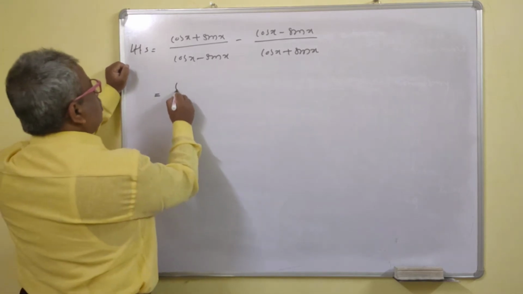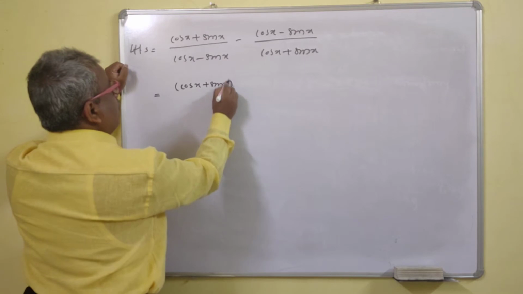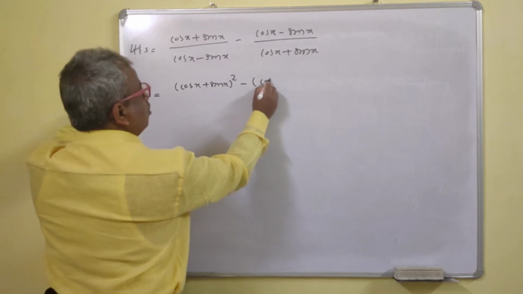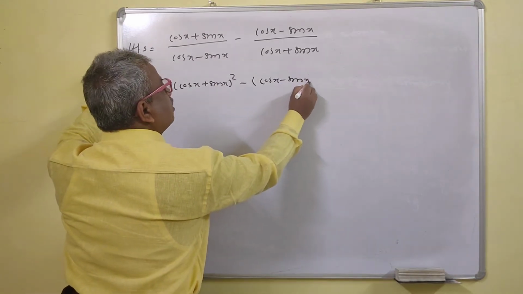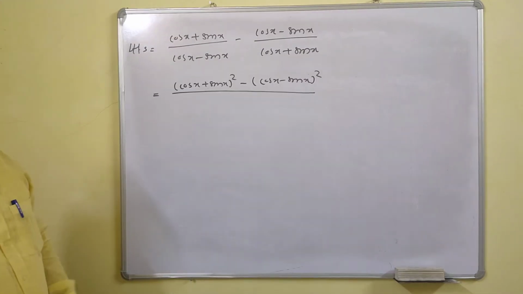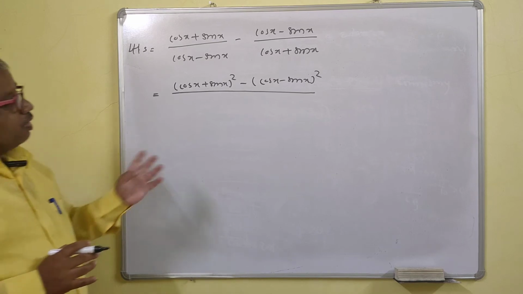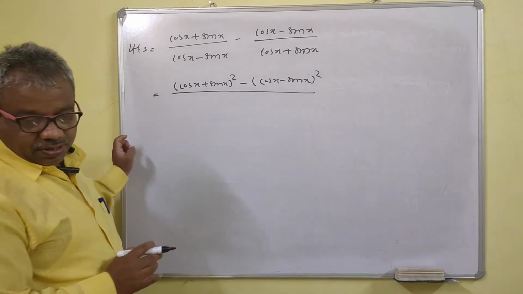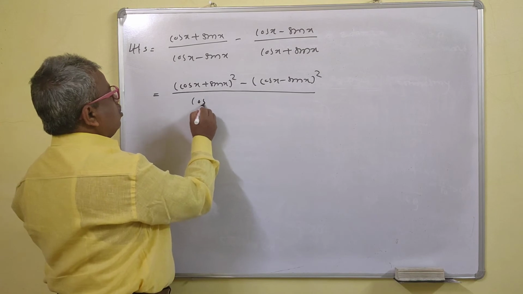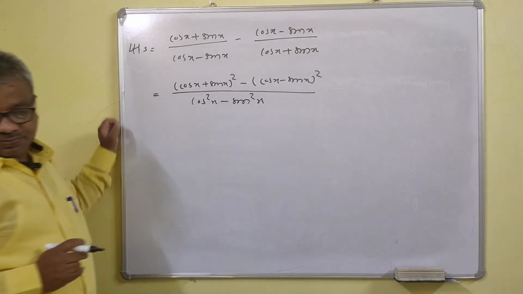Okay, so this is what (cos x plus sin x) whole square minus (cos x minus sin x) whole square upon the product of the denominator, right? So they are the conjugate of each other. So the square of the first one minus the square of the second one. So this is what cos square x minus sin square x.